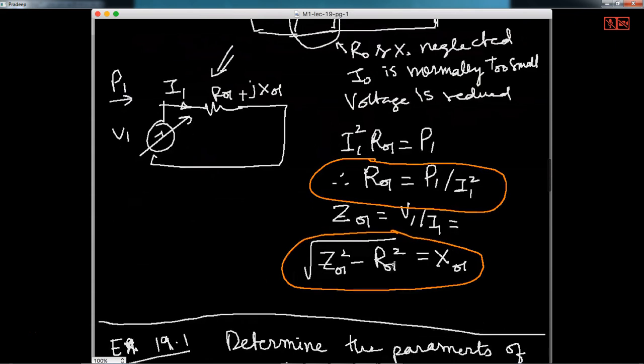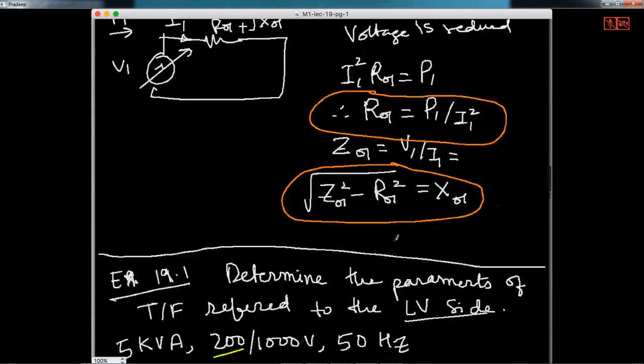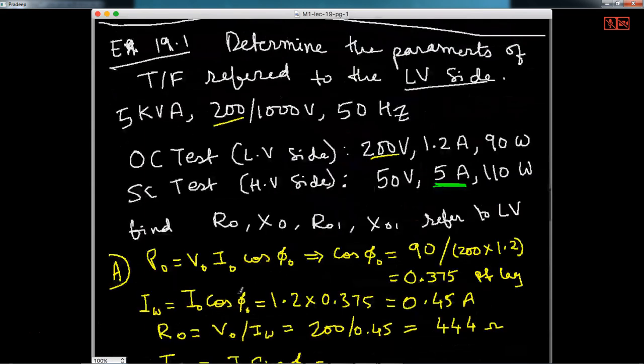After knowing that theory, we had now come to an example problem, that is, given the OC test and SC test, we solved a problem where we have to find out the parameters of the machine. How did we find the parameters R0, X0, R01 and X01?